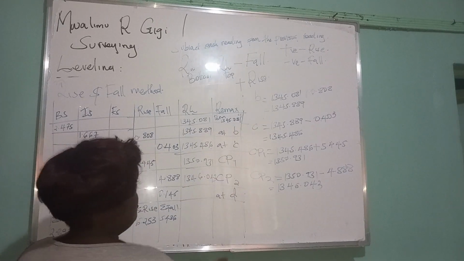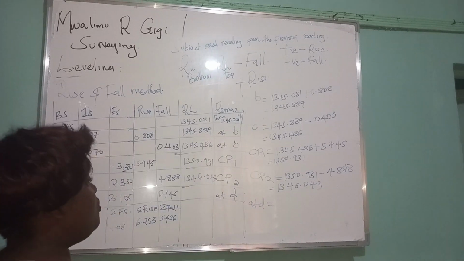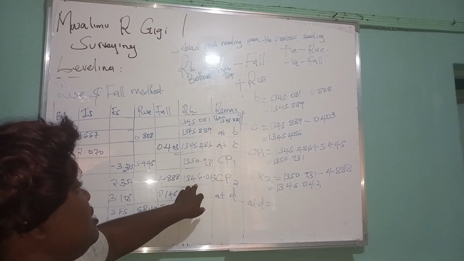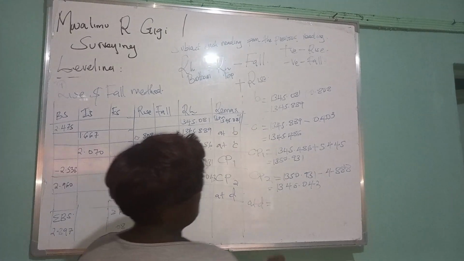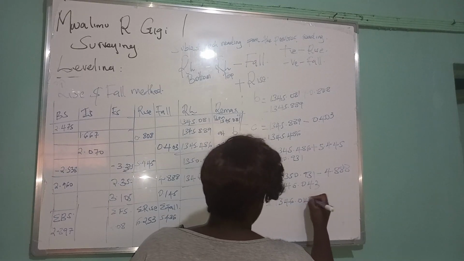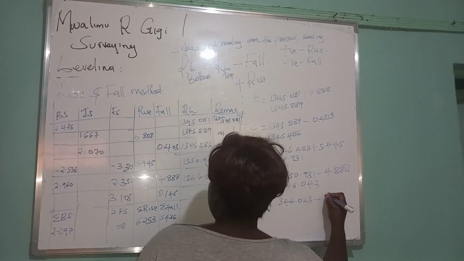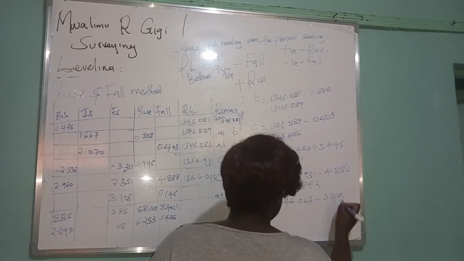So at point D, we have the reduced level at the top and we have a fall. So at point D, we have 1346.043 and we have a fall of 0.145.